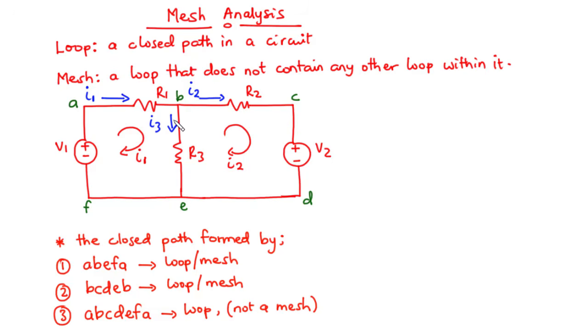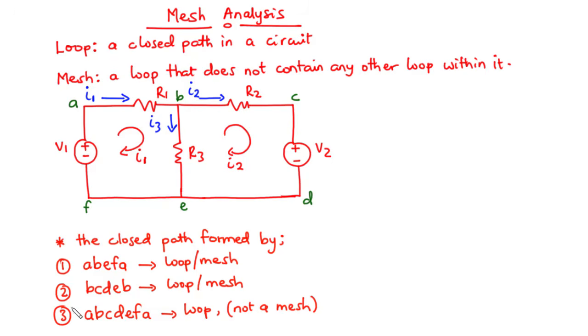Again, the closed path formed by B, C, D, E, B is also a loop and can as well be called a mesh because it does not contain any other loop within itself.